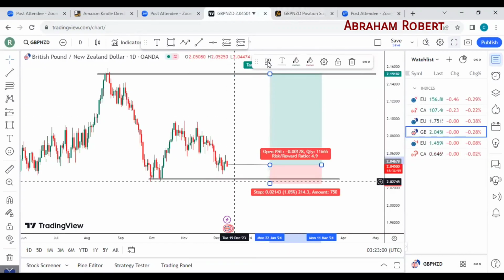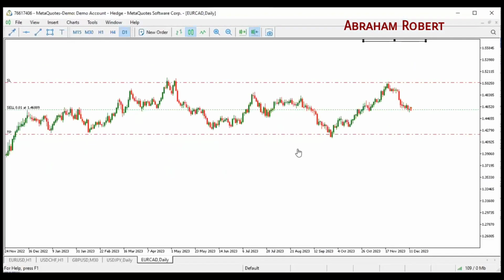Now, if you notice why I say that if we are risking small, it helps our psychology. Just imagine I am risking just $30 from a $1,000 account.